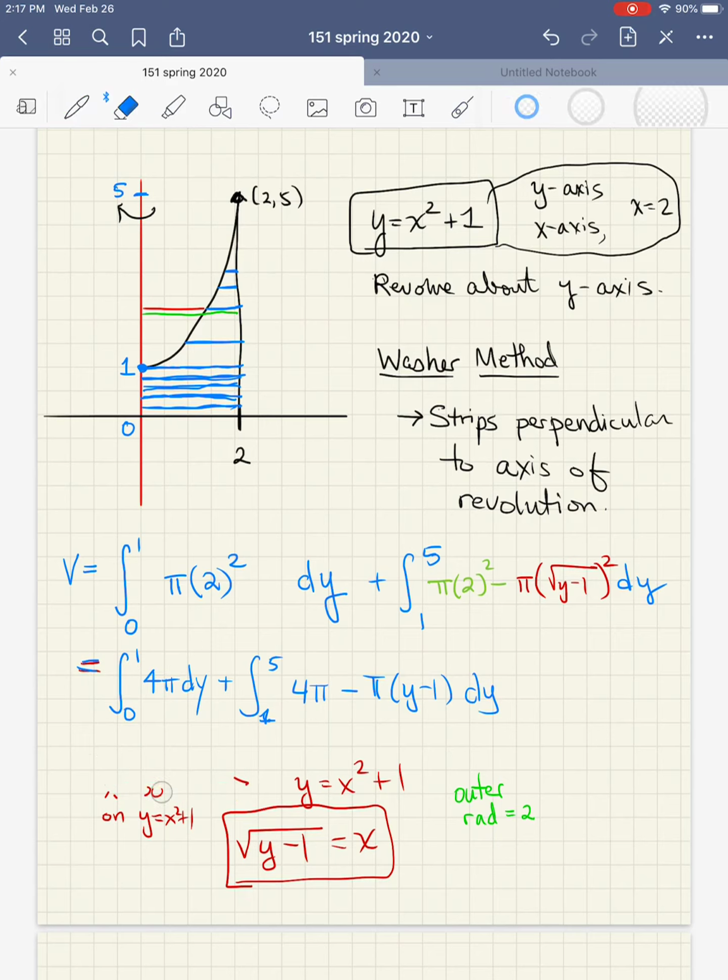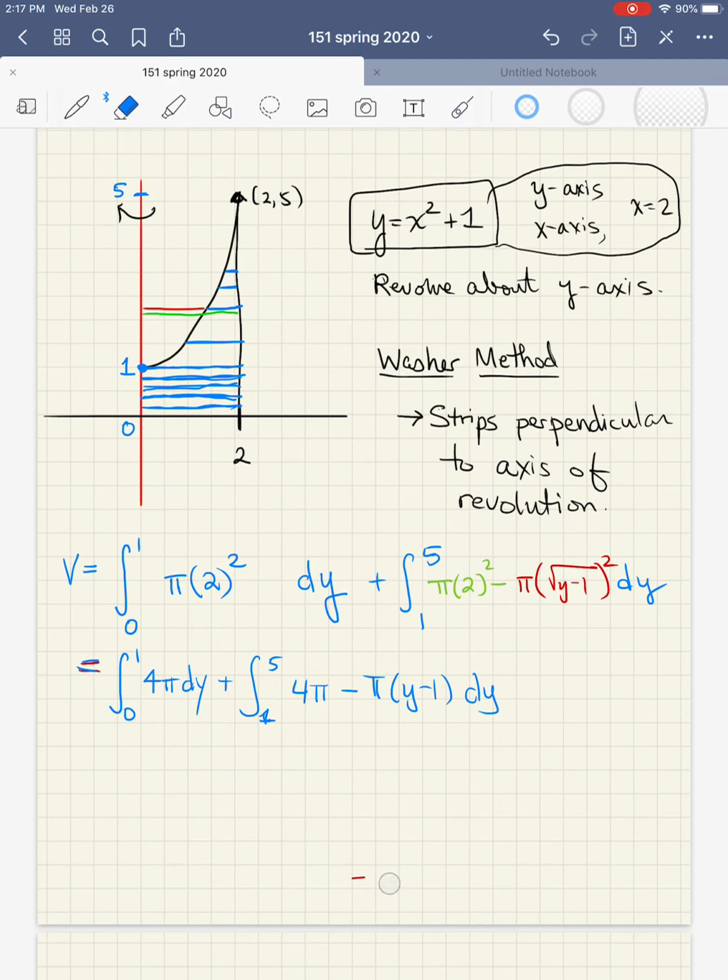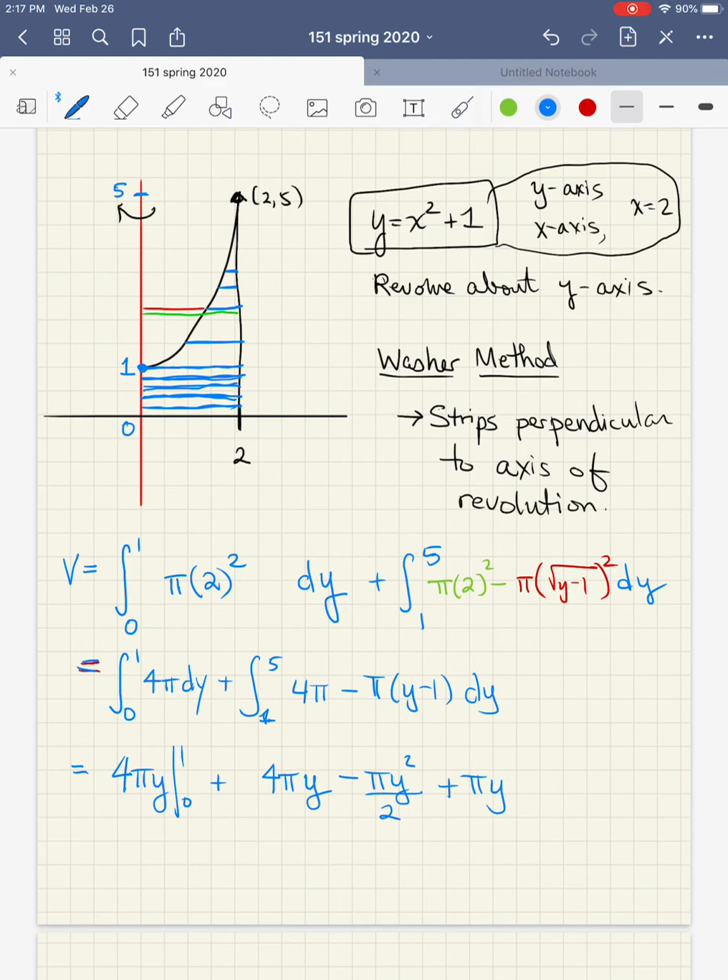Let me clear this up, I don't need it anymore. This is going to be 4 pi y evaluated from 0 to 1, plus 4 pi y minus pi y squared over 2 plus pi y evaluated from 1 to 5. Here I did a little minor simplification.